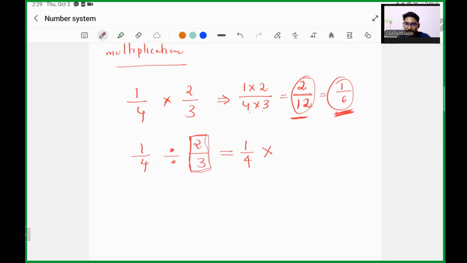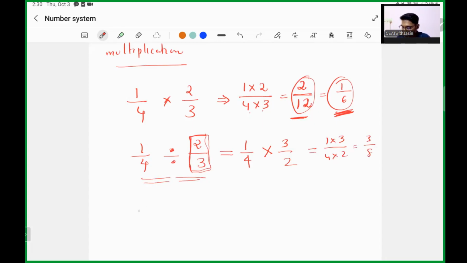Reciprocal means you just need to make it upside down. So 2 by 3 will become 3 by 2. So if you get a division, just make it into multiplication and make the other fraction upside down, or take the reciprocal. So this will become 1 into 3 by 4 into 2, that is 3 by 8.